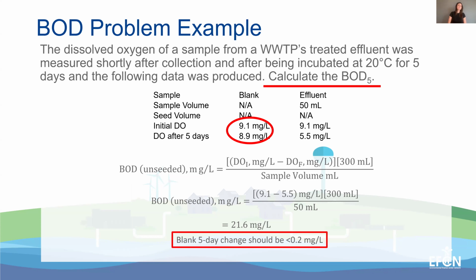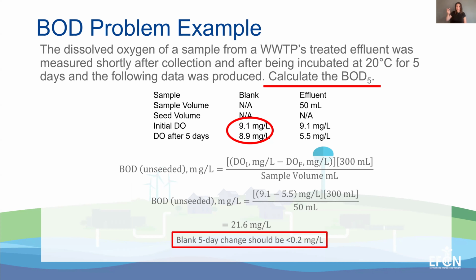Now, the first set of data is our blank data, which shows that the initial DO of our blank sample was 9.1 milligrams per liter. And after it was incubated in the same environment, it had a DO of 8.9 milligrams per liter. This is another means of quality control, and our blank should have less than 0.2 milligrams per liter of DO consumed.